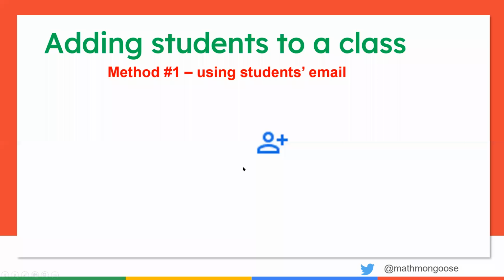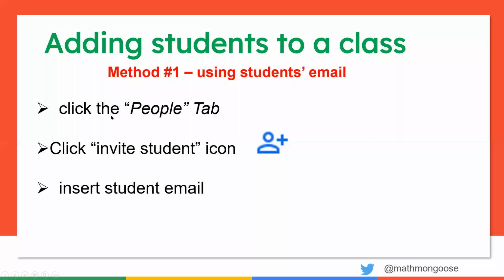So for example, you're going to click on the people tab, and again, I'm going to show you where that is. You're going to click invite students, which is this little icon here, and then you're going to insert the student's email. Once you've inserted the student's email, an invitation is going to come up in their email, and then they're going to be let in by clicking on that, okay? So let me show you.